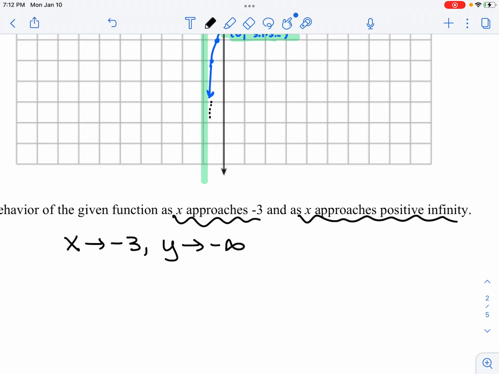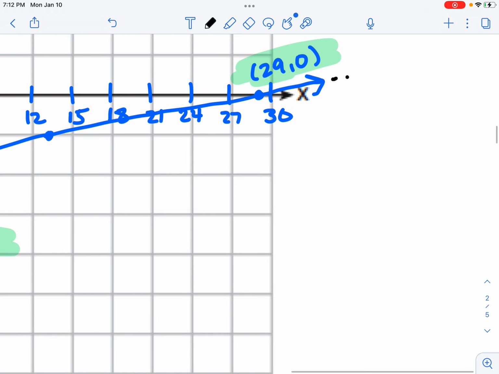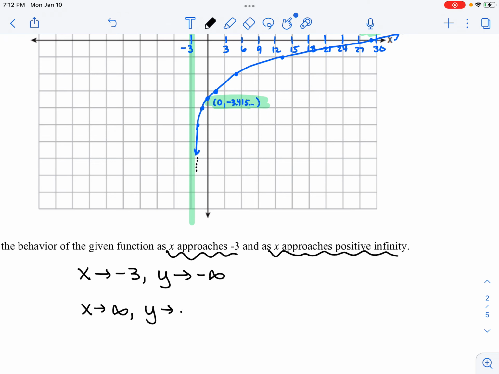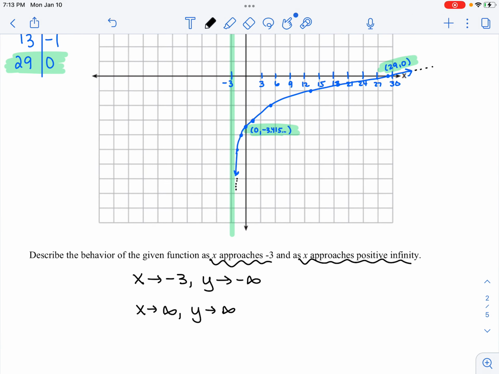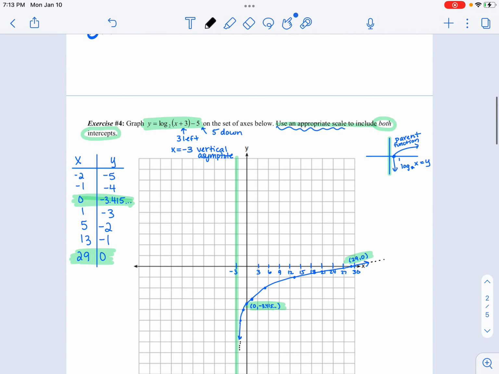As x approaches +infinity, which is the right side of this graph, where is y going? Let's go back up. y is going also to +infinity. So the nice thing is here, they told you the x side of the end behavior, you had to fill in the right side.